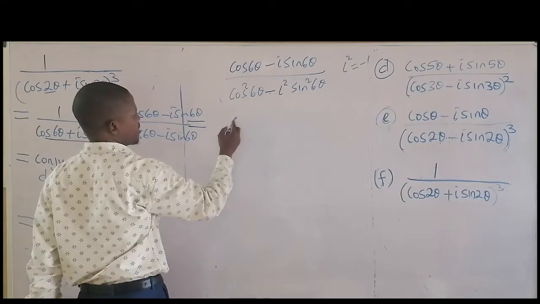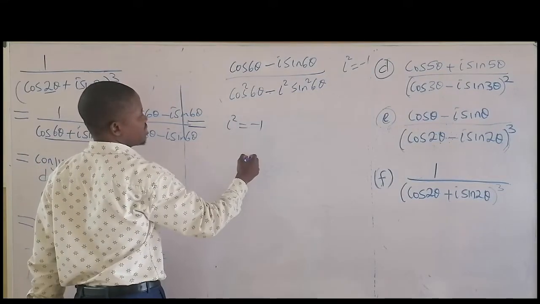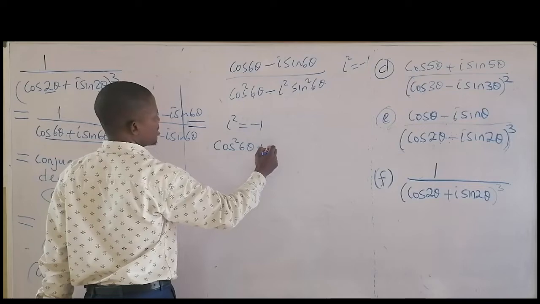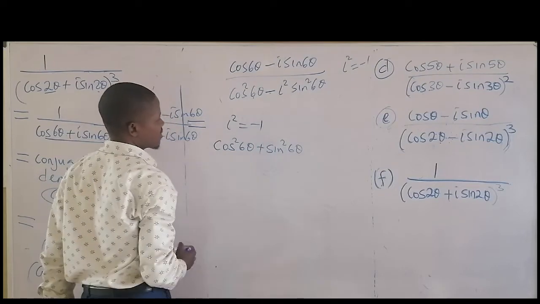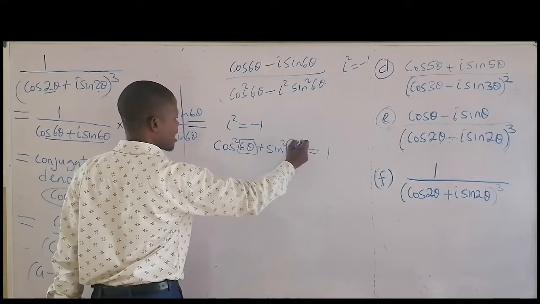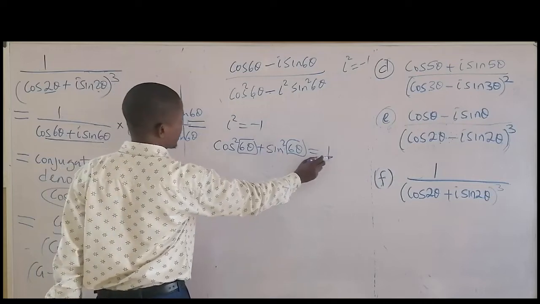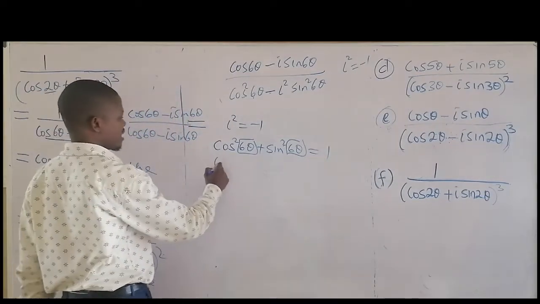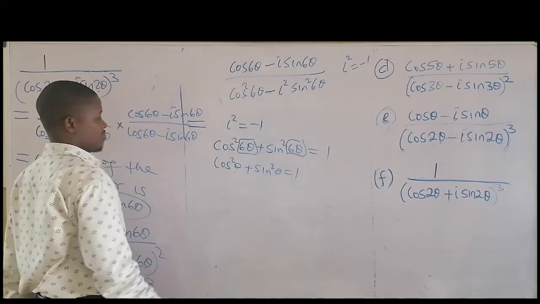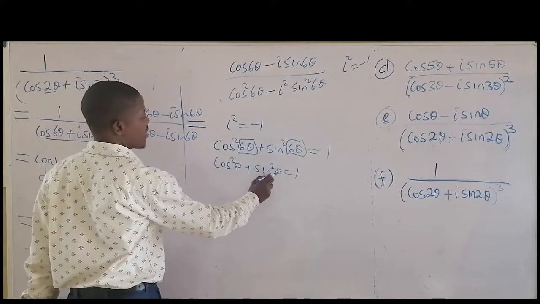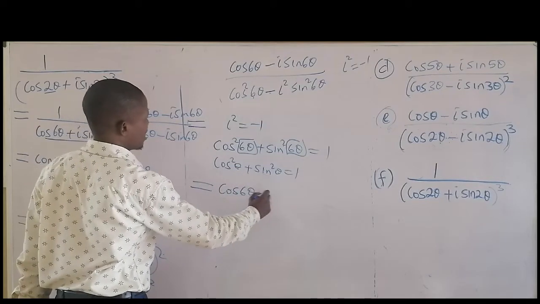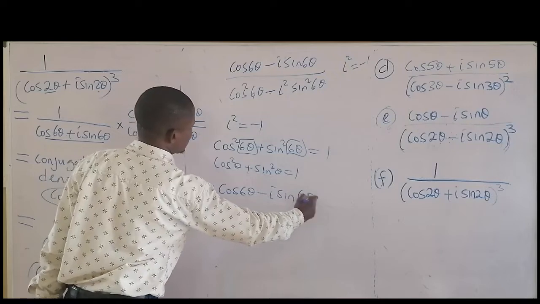Here i squared is minus 1, so for the denominator we now have cos squared 6 theta plus sine squared 6 theta. And that's 1, because the angles are the same and you're having squares. Don't forget cos squared theta plus sine squared theta is 1. The most important thing is that the angle here and here must be the same. So the final answer is cos 6 theta minus i sine 6 theta.